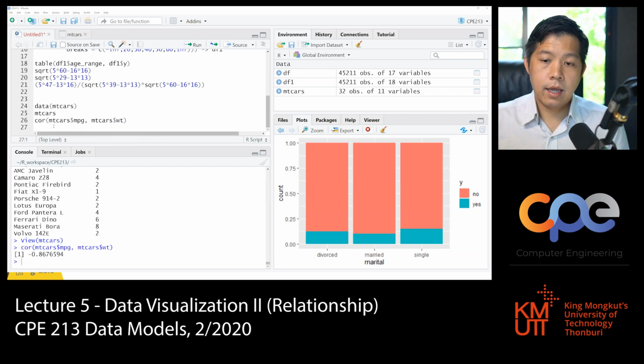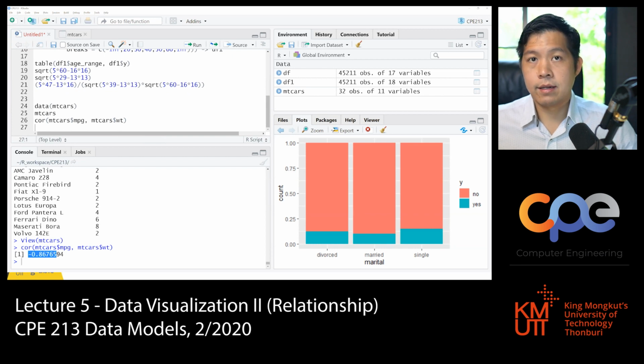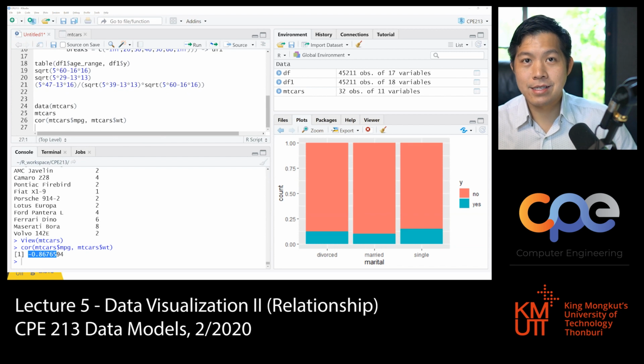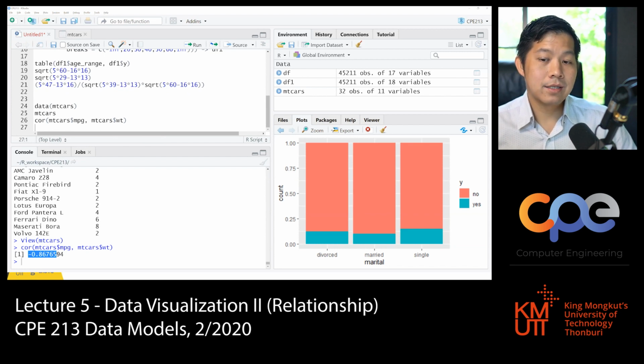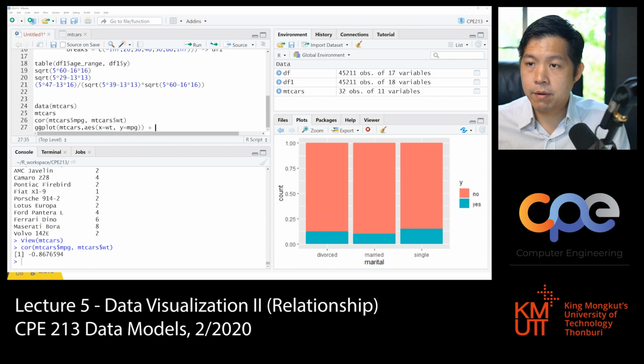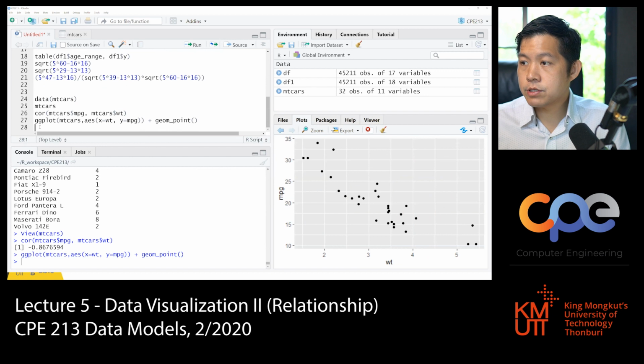The correlation between the two indicates that they are negatively correlated at a magnitude of 0.87, 0.86. This is quite large, meaning that this is quite certain. If we plot the graph between them, ggplot mtcars with aesthetic x equal wt and y equal mpg, plus geom_point, now you can observe the negative relationship between them.